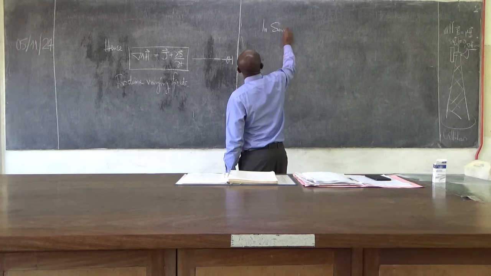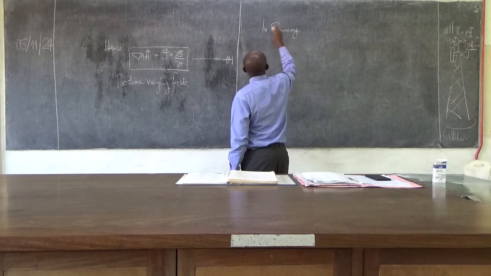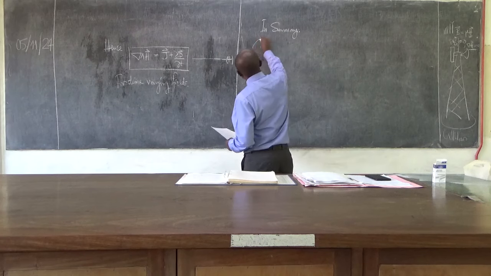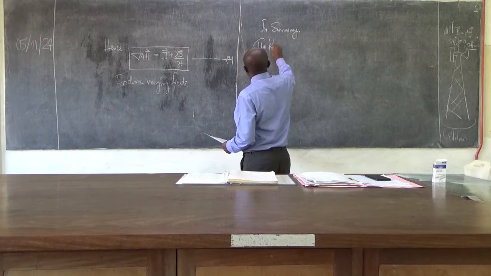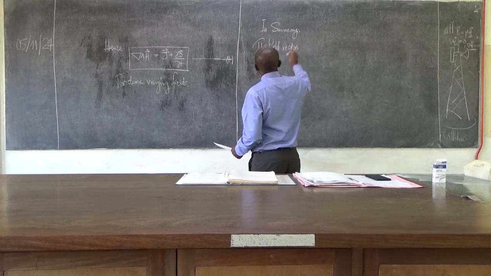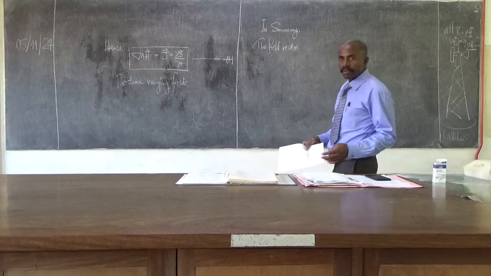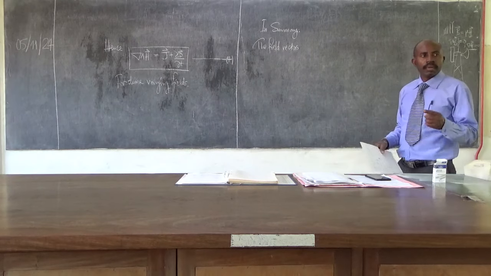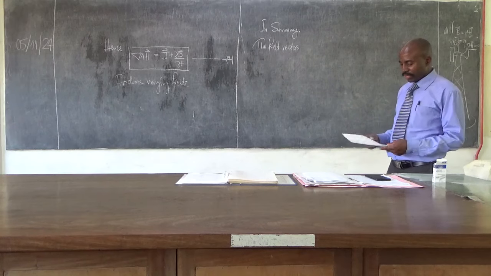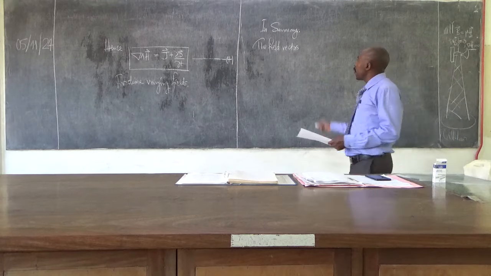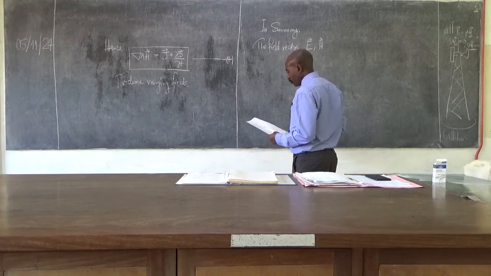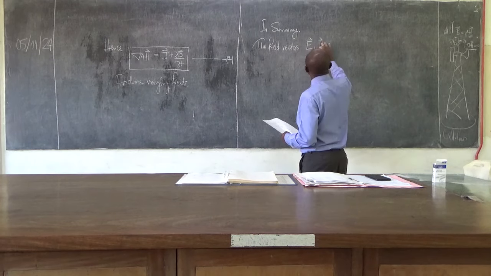So in summary, the field vectors, because we call them magnetic field, electric field, magnetic field intensity, magnetic flux density, so the field vectors E, D, B, H, we let them be put in order.